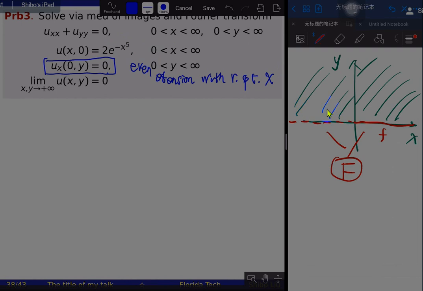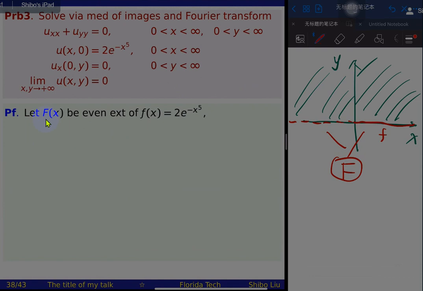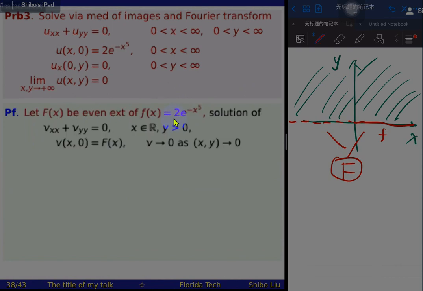Then we obtain a problem on the upper half plane, which we can solve using Fourier transform. That is how to solve this problem. Now, as I said, let capital F be the even extension of this small f. Small f is this function, 2 times the exponential function. Then we consider this problem on the upper half plane.